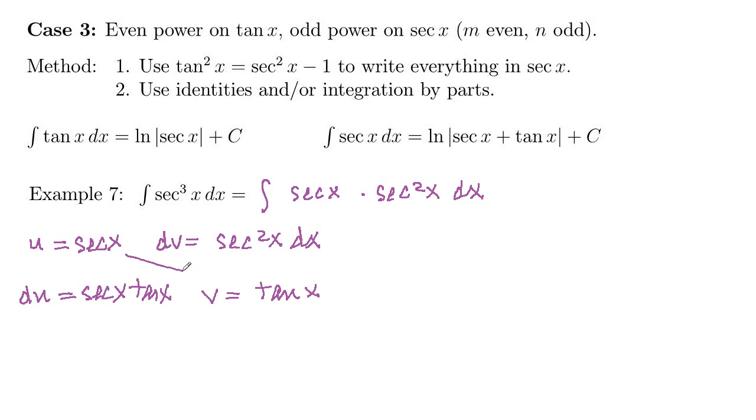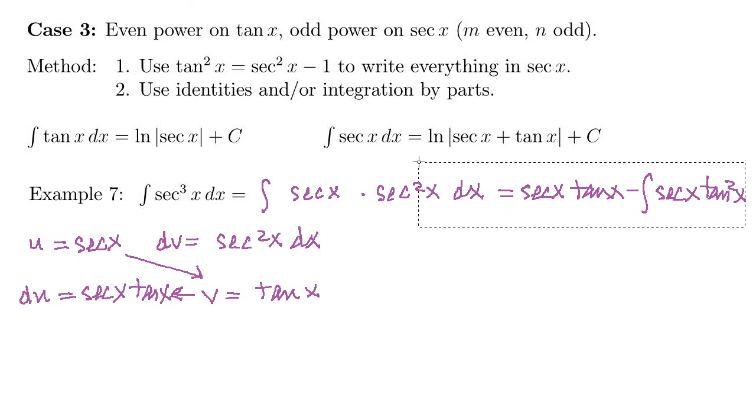So we want to do uv, the diagonal product, minus the integral of v du, the integral of the last row. So this is going to be uv, secant x tan x, and then minus the integral of v du, which is going to be secant x tan squared x dx.